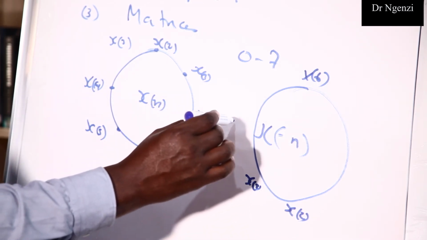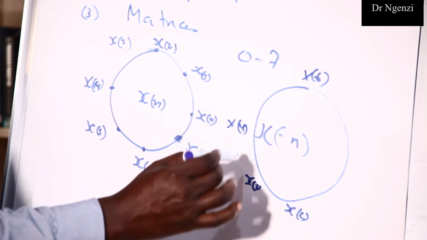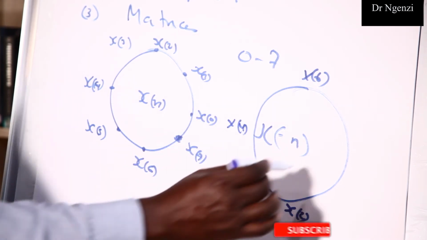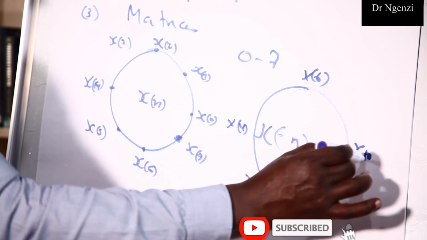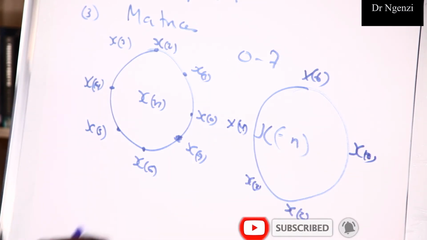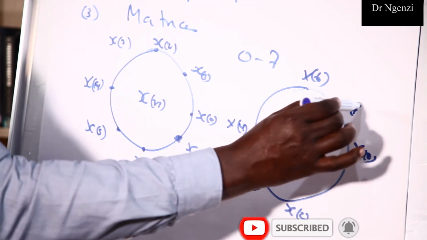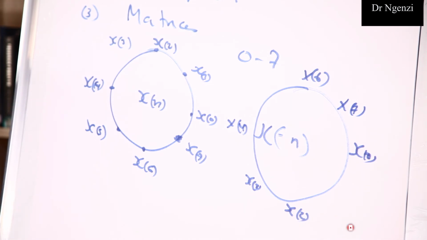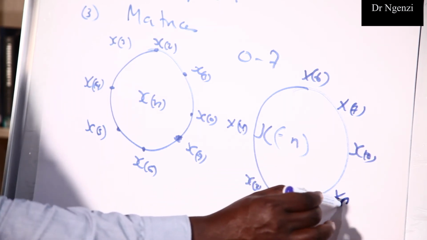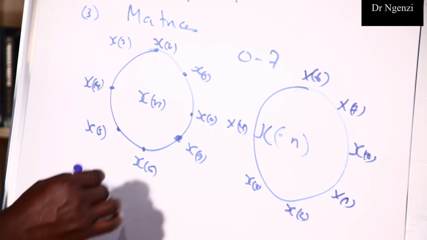The point of origin is going to be the same. And on the other side, x of 7, and then x of 1, of course, and x of 5.